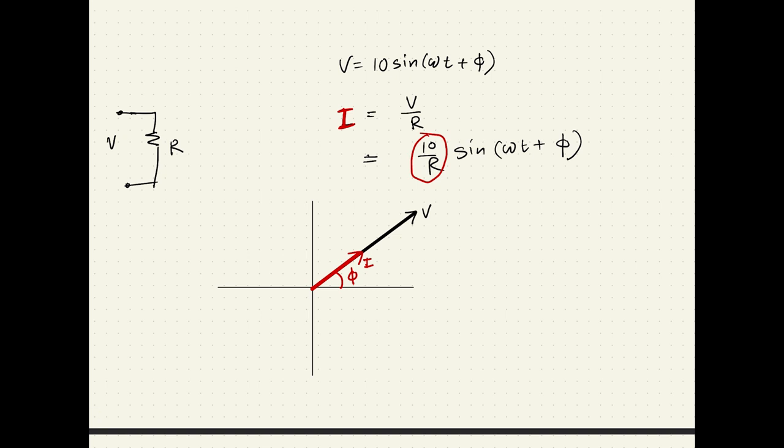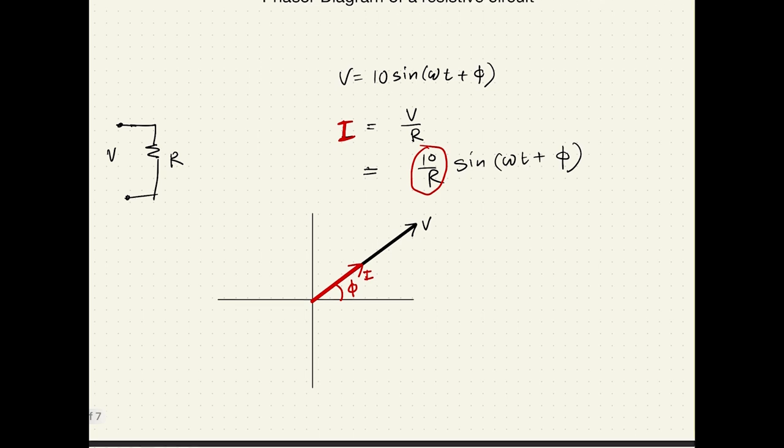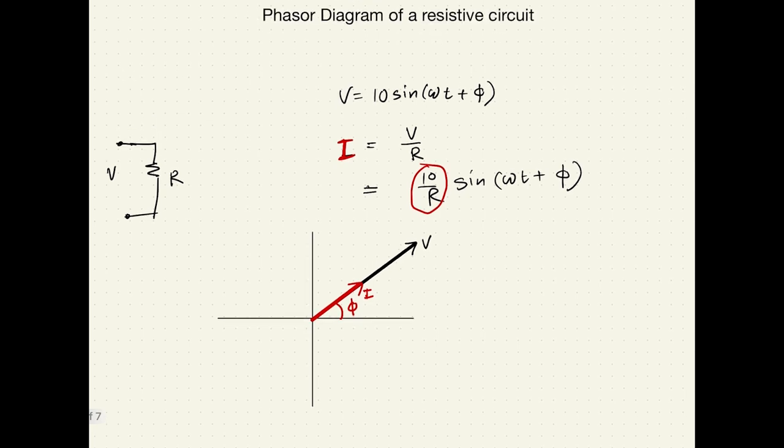The first one is a phasor diagram in a resistive circuit. Here we have taken a voltage V equals 10 sine omega t plus phi, and from Ohm's law we can determine the current, V over R. If you look closely, we will see that the initial phase of the voltage and current are identical.